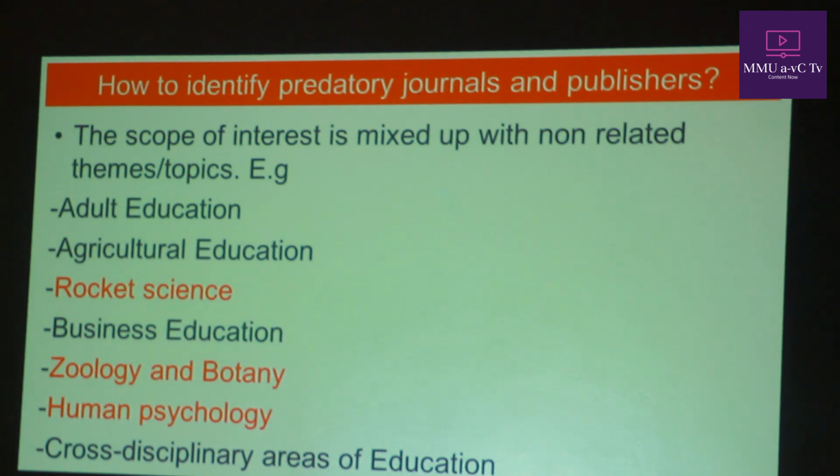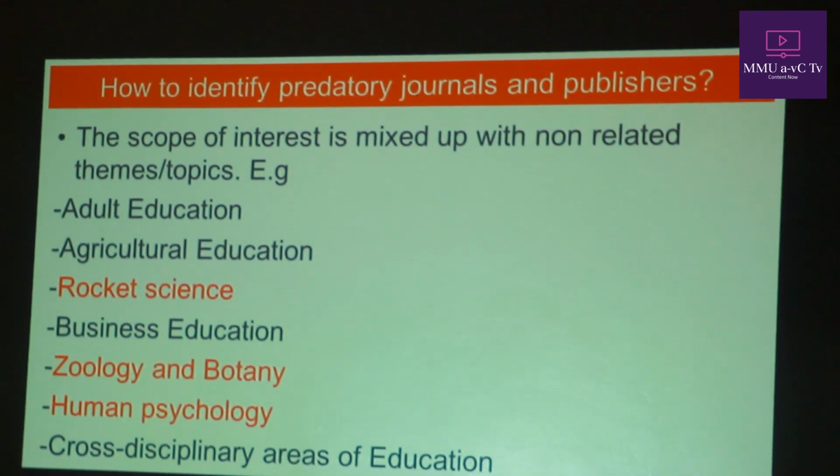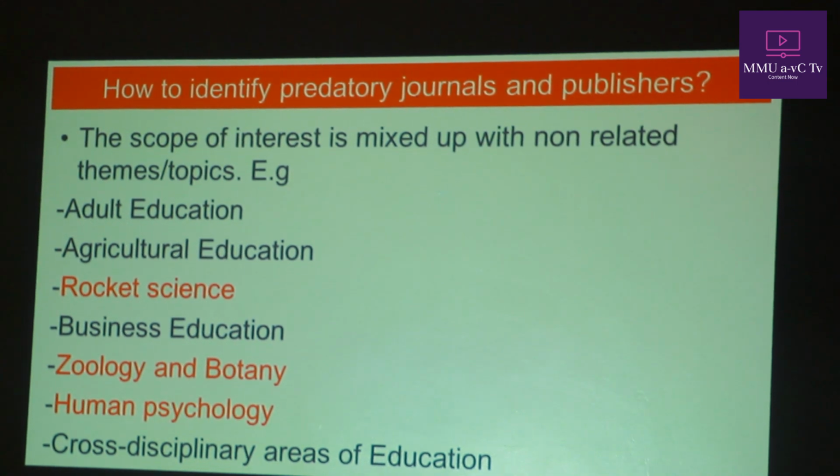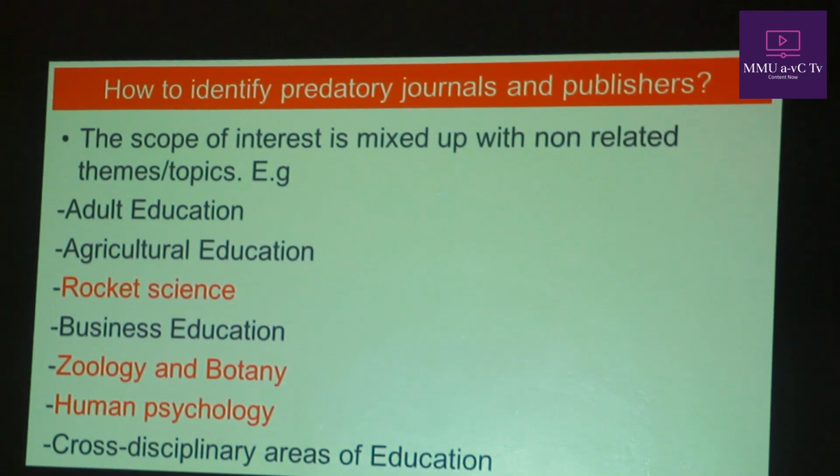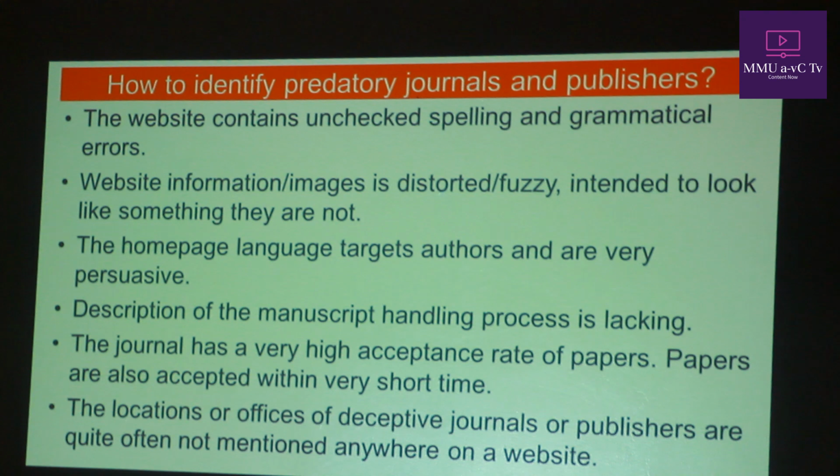As you can see from that scope, it is mixed up, with unrelated areas and unrelated disciplines. So the moment you see that, it should give you a clue that what I'm dealing with is a fake journal, and I'm dealing with a fake publisher. So that is one of the ways you can identify a fake journal.